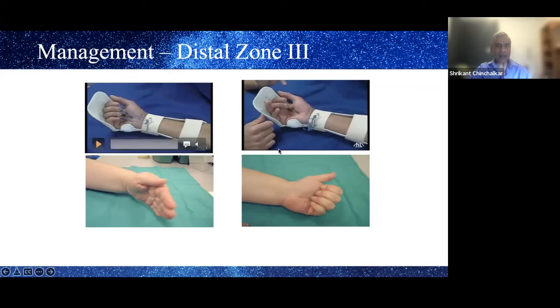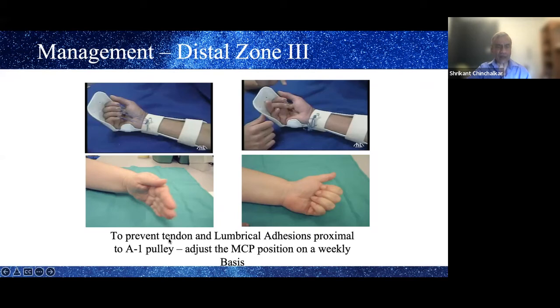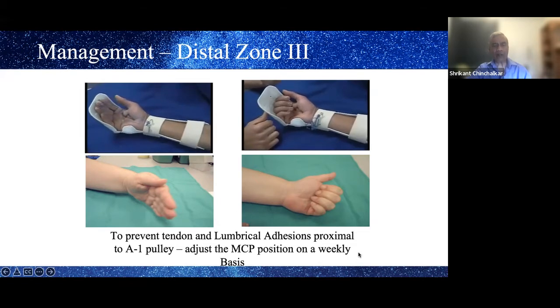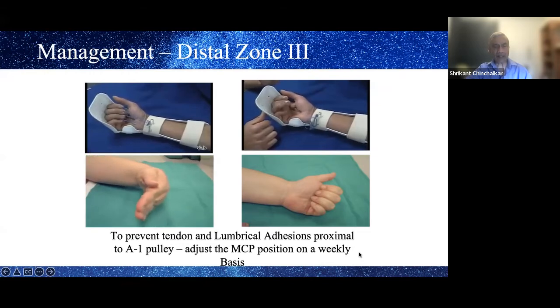So this is a patient where we adjusted the splint, and then of course, we can see the results of these patients who have full extension as well as full flexion of the finger. So we made contribution by saying that to prevent tendon and lumbrical adhesion proximal to A1 pulley, it's important that we adjust the MCP position on a weekly basis to have complete excursion of the tendon.